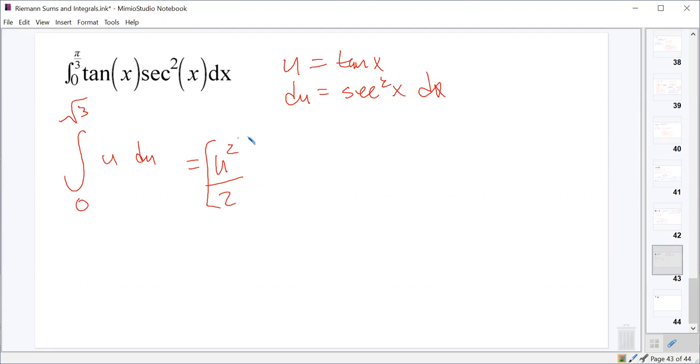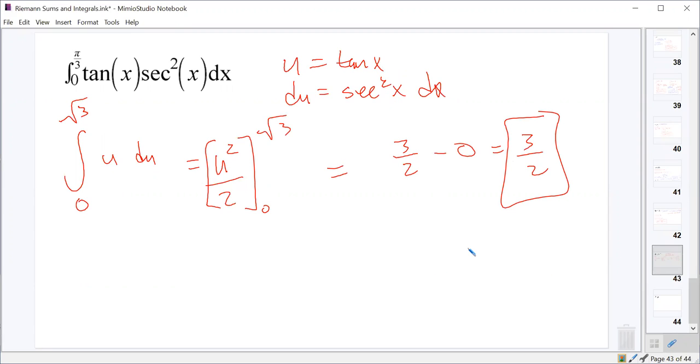No constant this time because it's a definite integral, 0 to root 3. Plug in root 3. Root 3 squared is 3. So 3 halves minus 0, or just 3 halves. Everybody good with that? Any issues with that? All right.